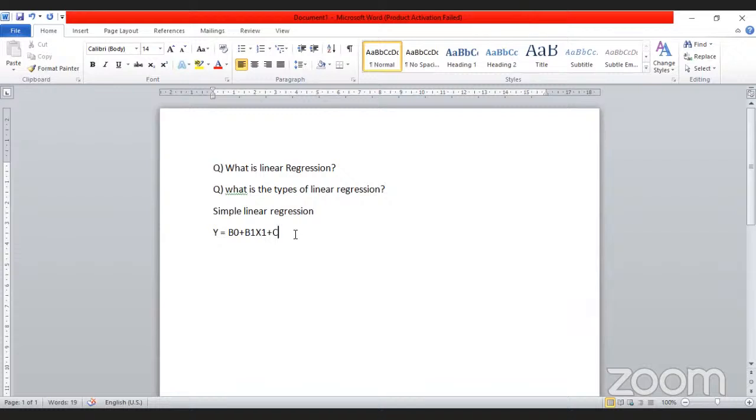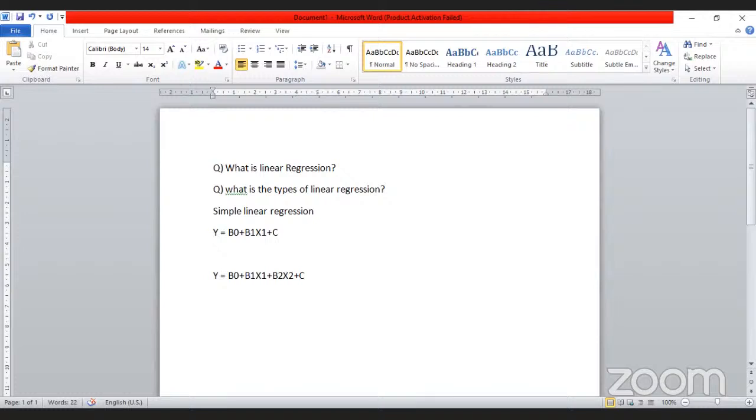So this is the equation for simple linear regression. But if you want the equation for multiple linear regression, it could be like this: y = beta naught + beta 1 x1 + beta 2 x2. So what do you understand from this equation?